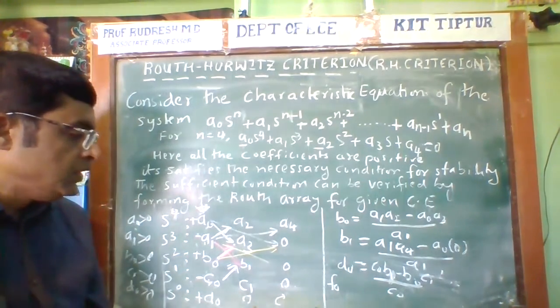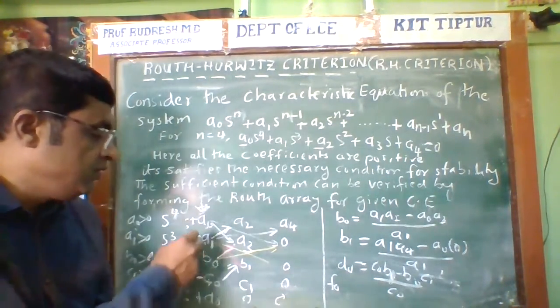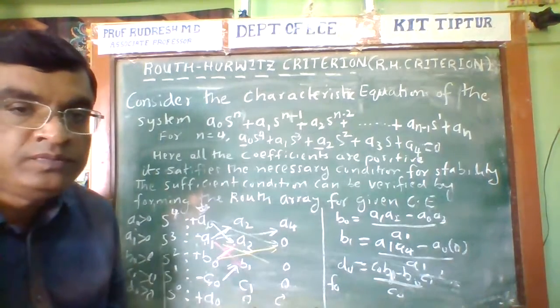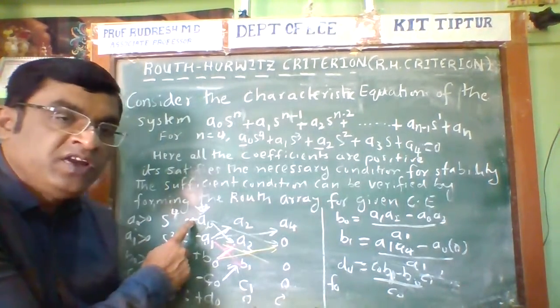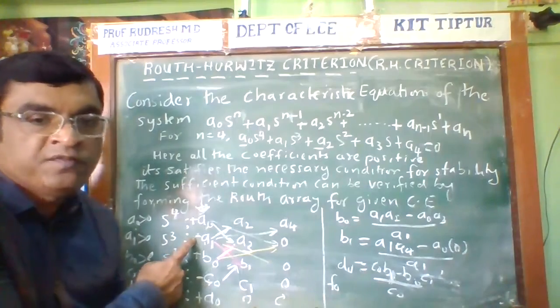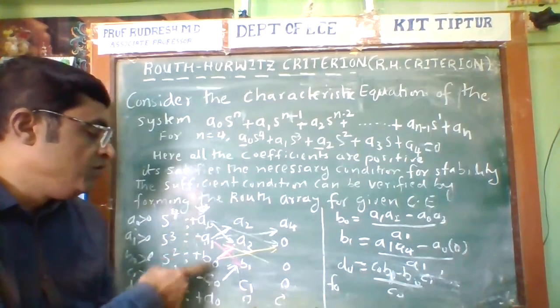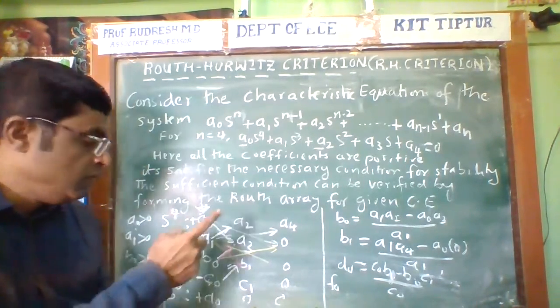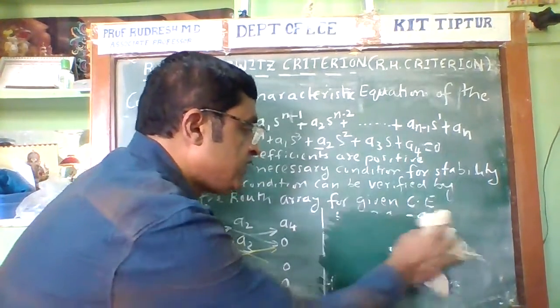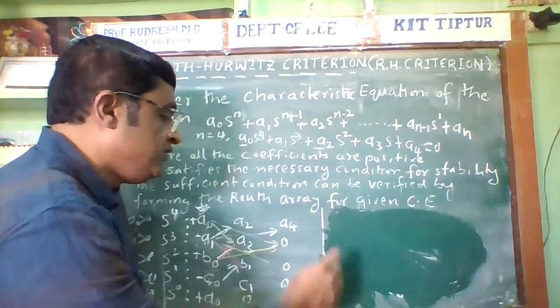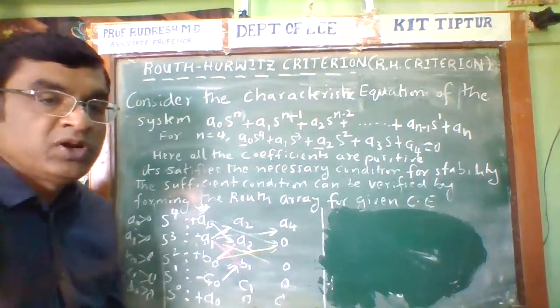Now here, how many sign changes? From positive to negative is considered as one sign change, and from negative to positive is another. So we look at the order of the signs of the first column and count the number of sign changes.